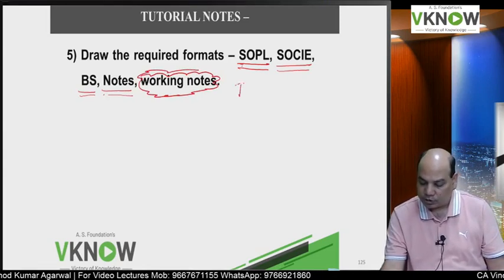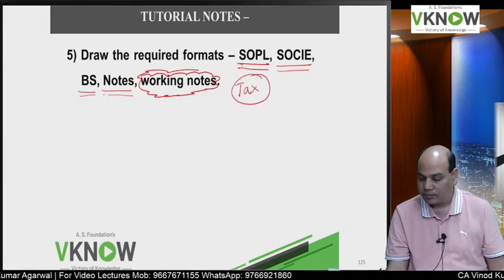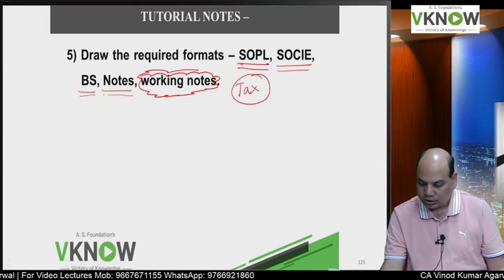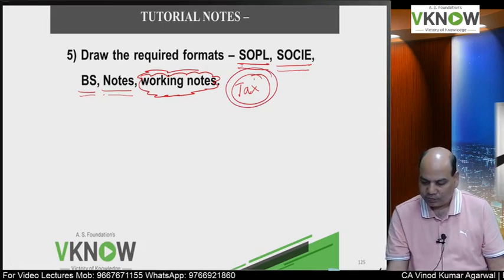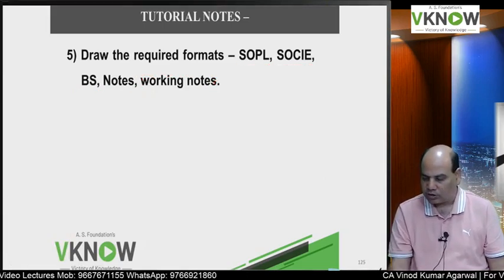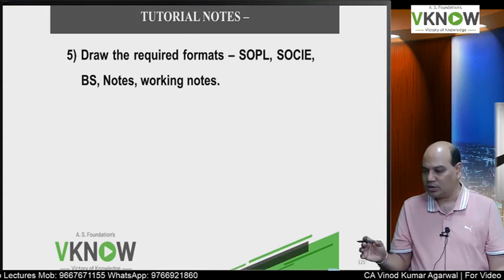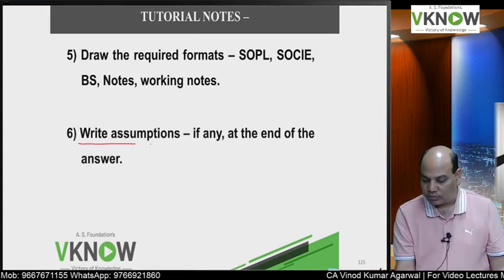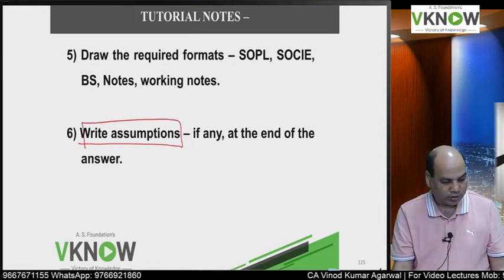Like for example, for tax calculation, you may have to prepare a working note. So sometimes we might require a working note for tax calculation or depreciation calculation, etc. But otherwise not required.